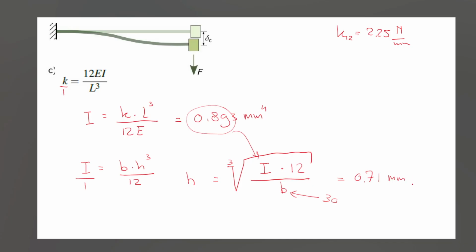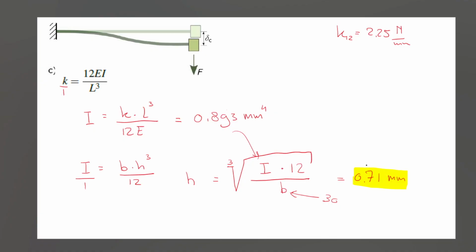Now, what did we calculate here now? We calculated that if we want to have a K value of 2.25, that the thickness of my flexure without reinforcements has to be 0.71. Now, this is relevant for a few reasons, because later on we are going to plug in some values, and we know that whatever value, of course, if we are reinforcing this flexure, that means that the thickness has to go down.